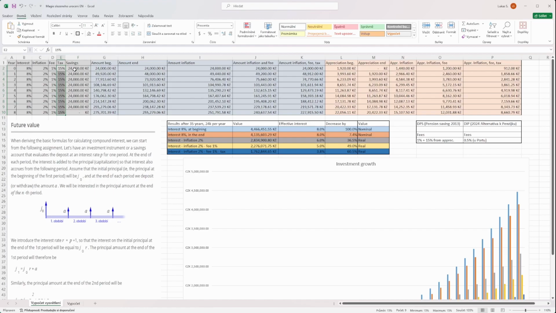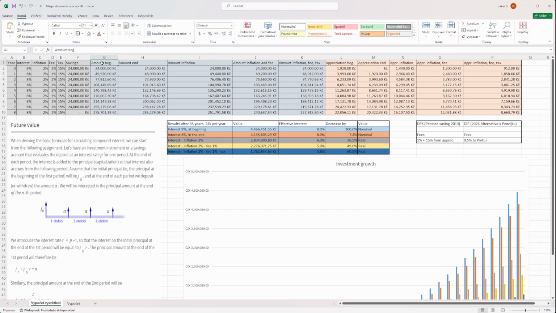And because I'm from Czech Republic, I'll be using Czech crowns, so every year we will invest 24,000 Czech crowns. And then we will here discuss if we change parameters slightly, how the calculation and result will change.